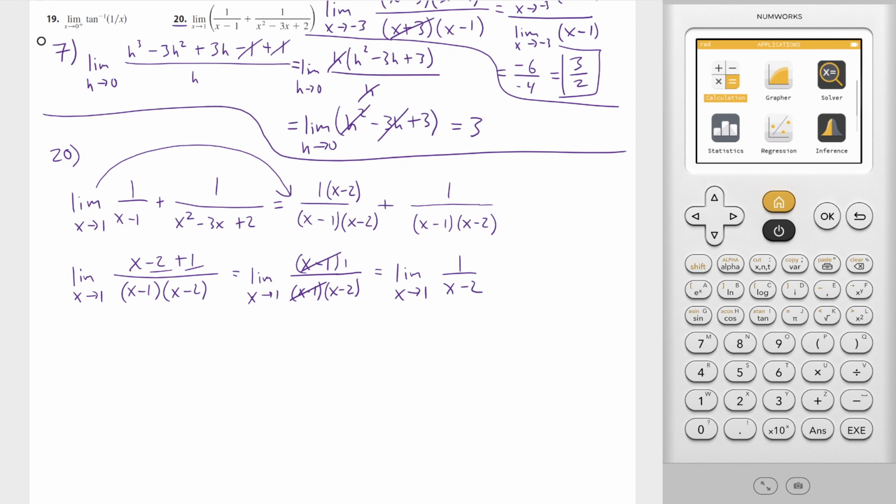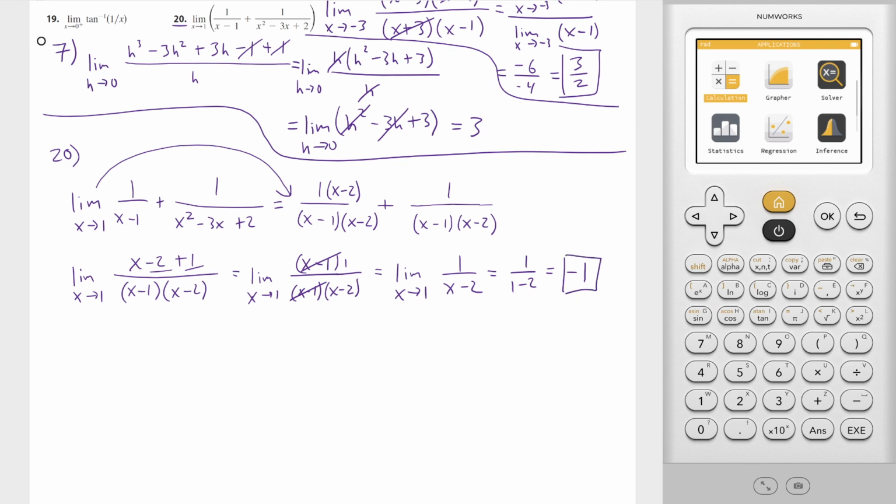At this point, I can observe that when I plug 1 in for x, the denominator does not become 0. And so I can go ahead and plug in 1 wherever I see an x. So I get 1 over 1 minus 2, which is equal to 1 over negative 1, which is negative 1.